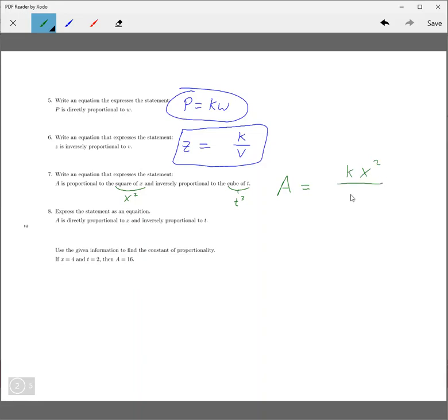And in the denominator, we're going to have t cubed, because inversely puts it in the denominator. So kx squared over t cubed.